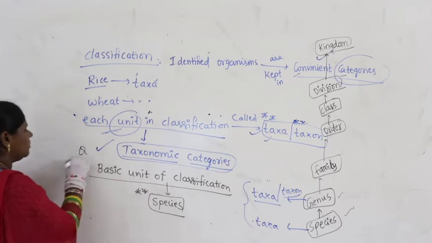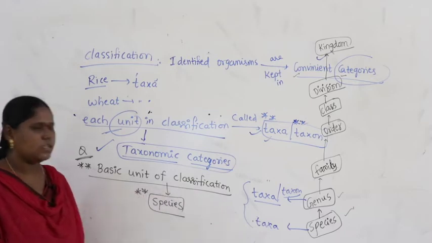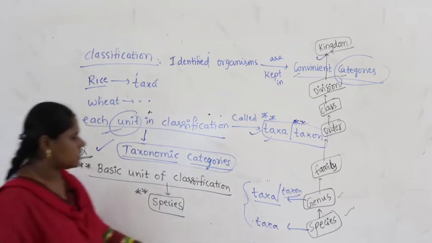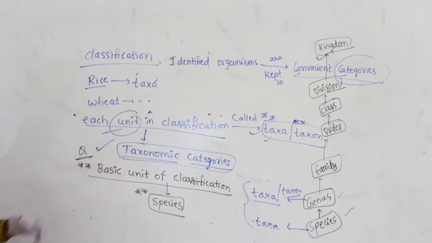This is a very important point which you have to remember. Mostly we have the possibility of getting it in the form of a question. What is that? A basic unit of classification. What is the basis for the entire categories? The basic is nothing but always a species. Okay. Here you need to be very careful.